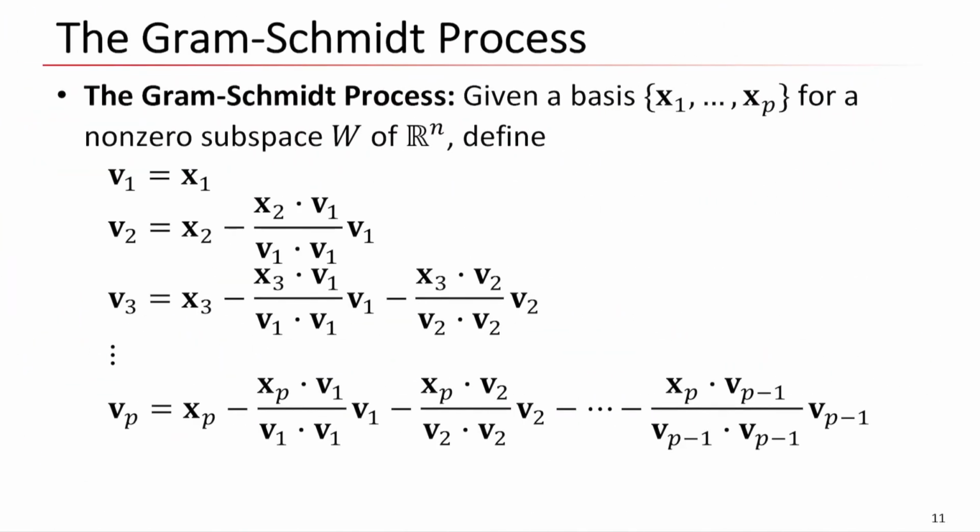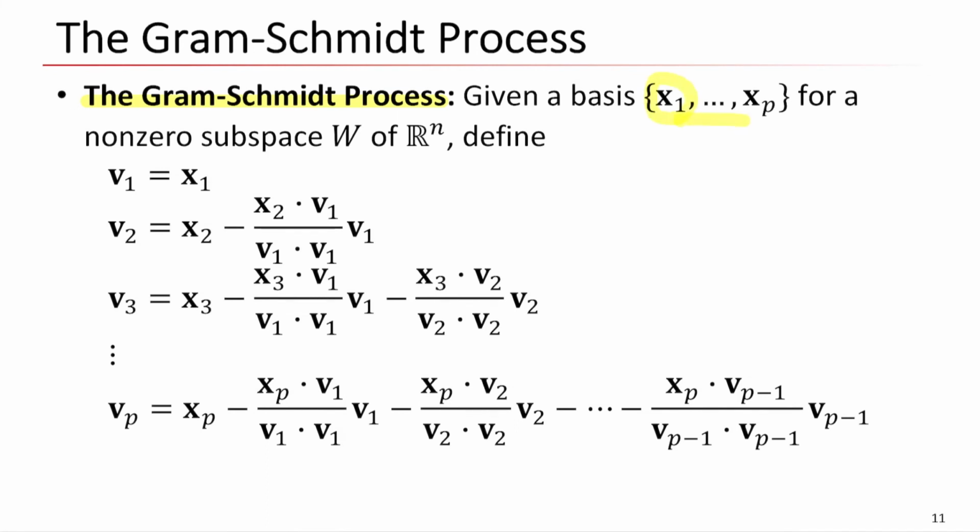Okay, actually you already know how to use the Gram-Schmidt process, but here we will derive the Gram-Schmidt process in a systematic way, or formal way. So here is the Gram-Schmidt process.